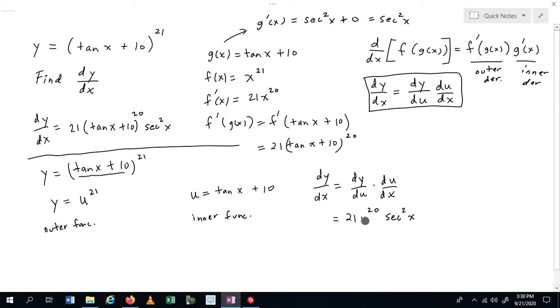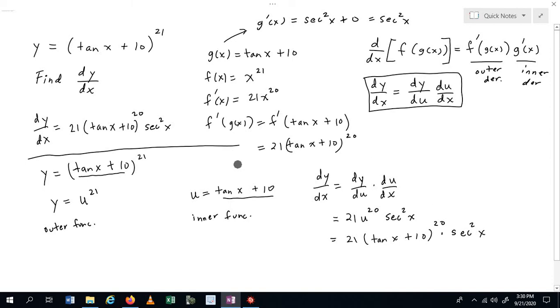And now we just want to replace this u with tangent of x plus 10. Okay, so we get tangent of x plus 10 raised to the 20th power times 21, and then times secant squared of x. Okay, and so notice you get the same answer.